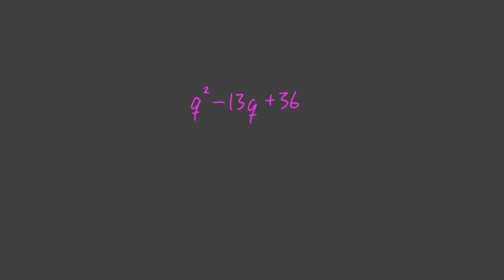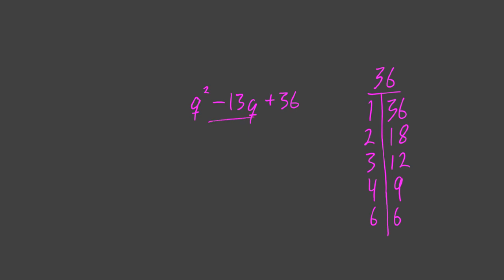q squared minus 13q plus 36. We are looking for factors of 36. 1 and 36 is what we start with. It's even, so I know 2 goes in, 2 times 18. 3 goes into 36 12 times. 4 times 9, and 5 doesn't, but 6, yeah, 6 squared is 36. We're looking for factors that add up to -13.